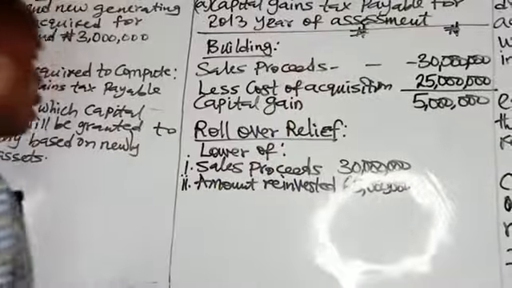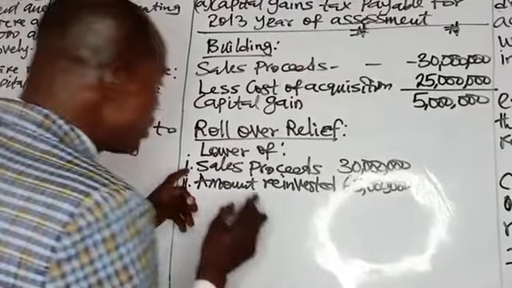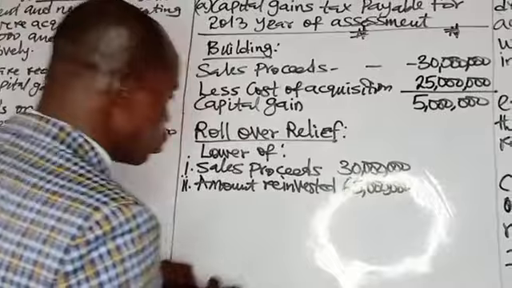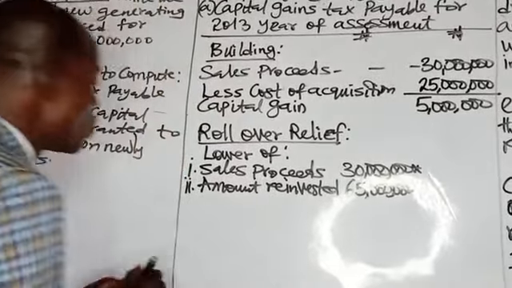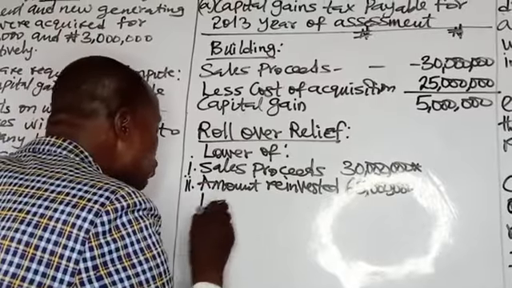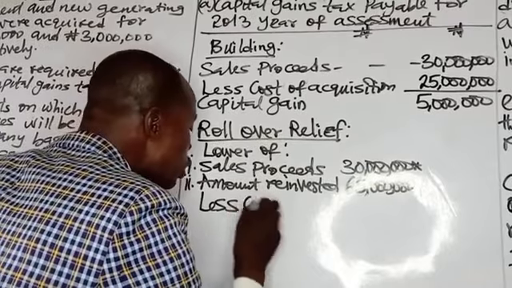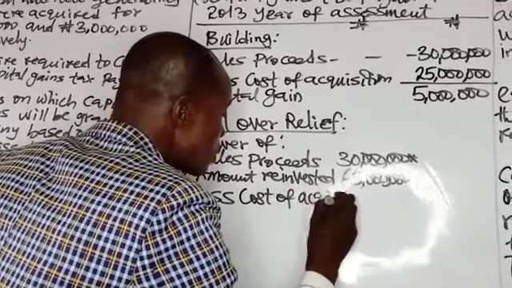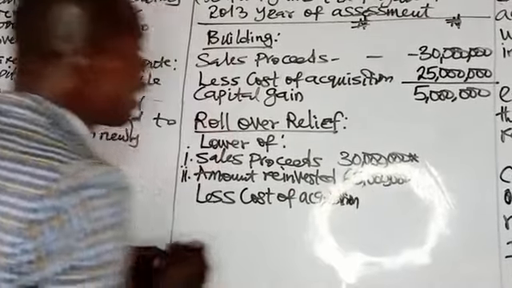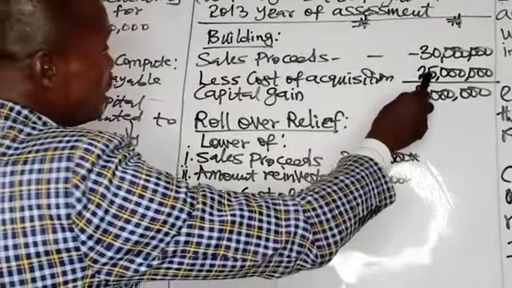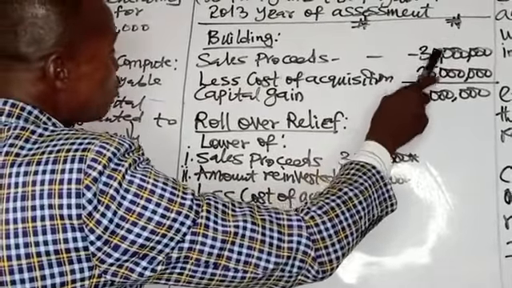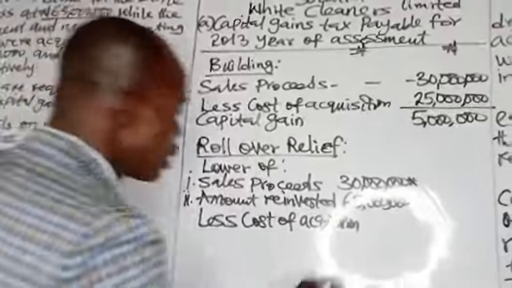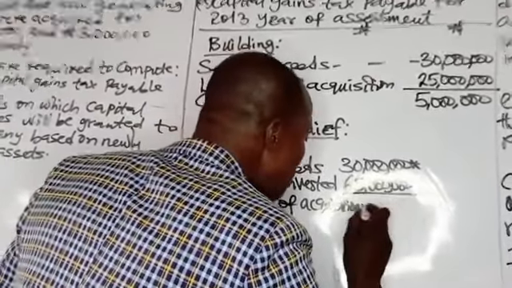So you are going to choose the lower of these two. So from the lower of the two, you now less cost of acquisition. The cost of acquisition, as at the time of acquisition of building, was 25 million.